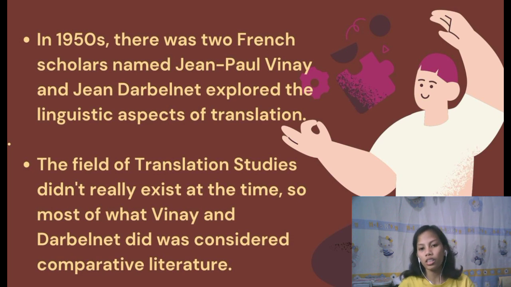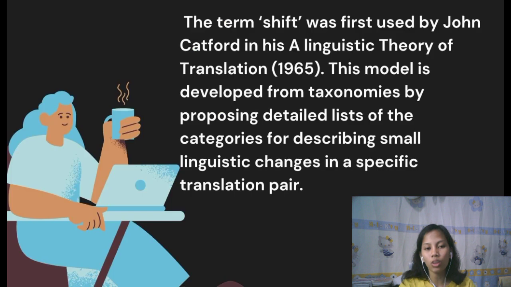The field of translation studies didn't really exist at the time, so most of what Vinay and Darbelnet did was considered comparative literature. They carried out a comparative stylistic analysis to describe translation shifts, though the term shift was first used by John Catford in his A Linguistic Theory of Translation in 1965.